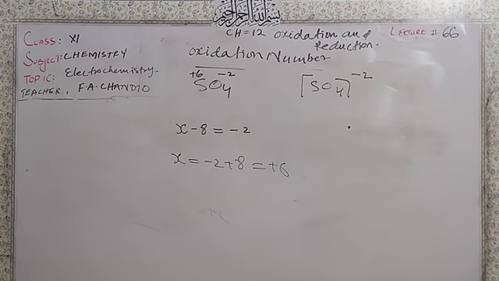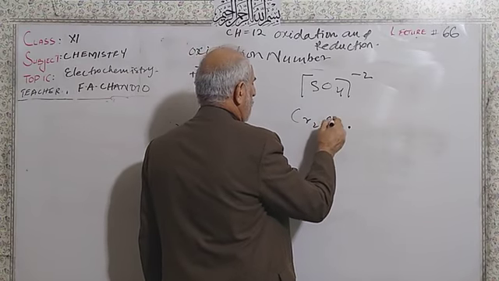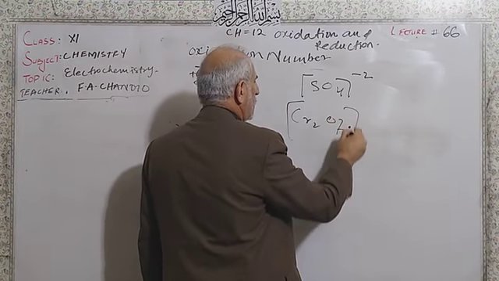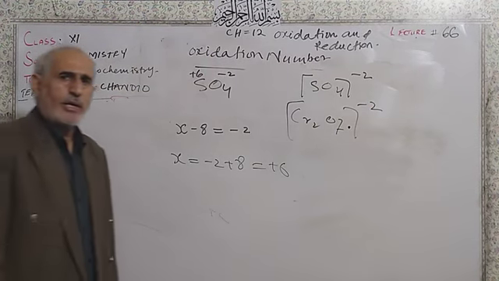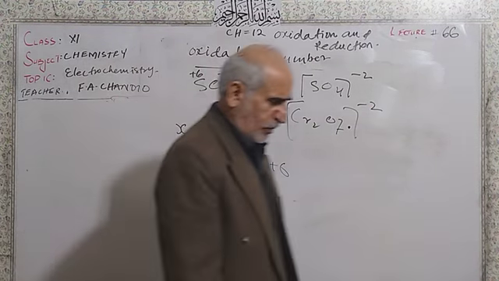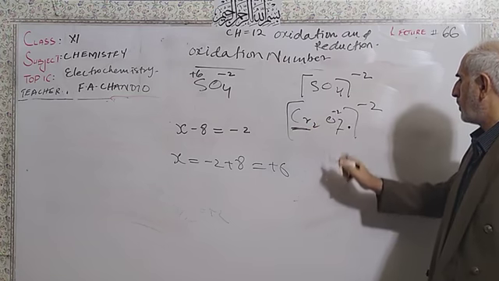Like this. We have also dichromate. Dichromate, these are the orange colors, compound potassium dichromate, orange color. So dichromate has a negative 2 overall. We want to calculate for the chromium, oxygen is negative 2.